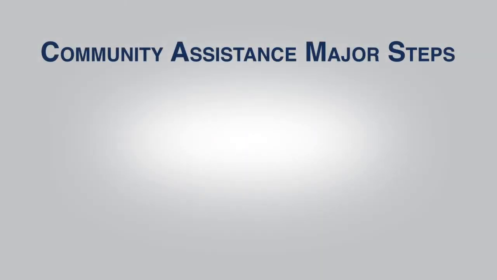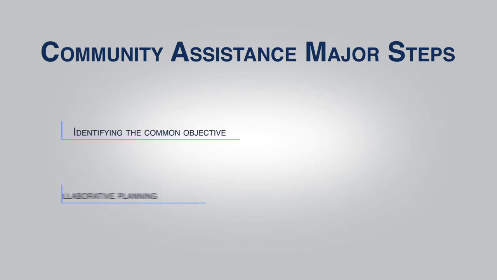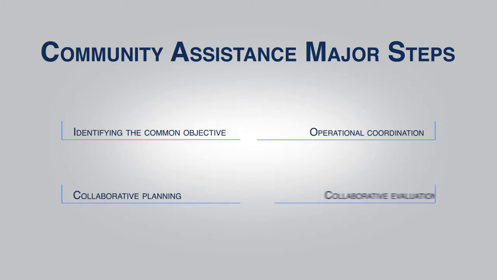There are major steps in doing community assistance and many different ways of doing it. Those are identified in the lessons. The steps are about identifying the common objective, collaborative planning, operational coordination, and collaborative evaluation. All of those are different ways and usually fall within the realm of mission support.